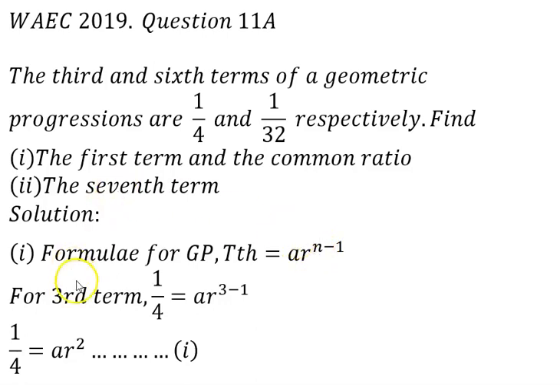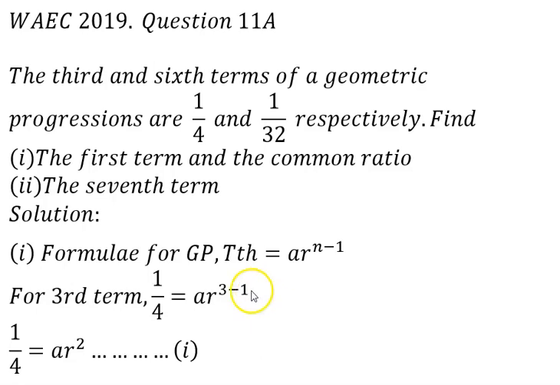So for the third term, the GP is 1 over 4. That's the nth term. So we just input our formula AR^(n minus 1). Our n in this case is 3.